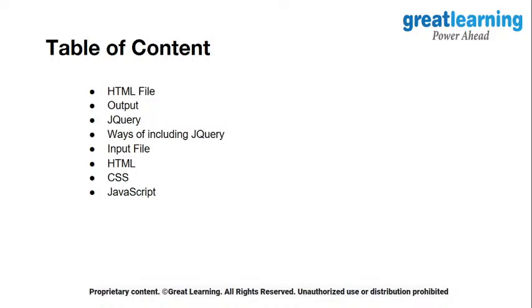It is everything related, so don't get confused. What is an input file? I will cover each and everything in this session. Then we are going to see our final HTML file, final CSS file and final JS file. So this is the whole agenda of today's session. We will follow it step by step, and wherever you have confusion, let me know in the chat section.